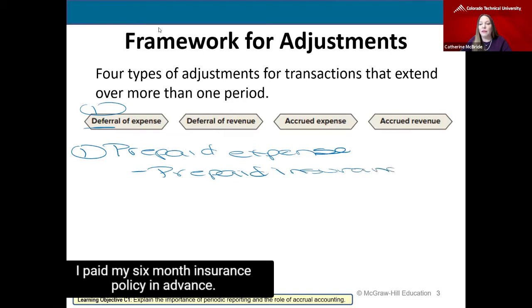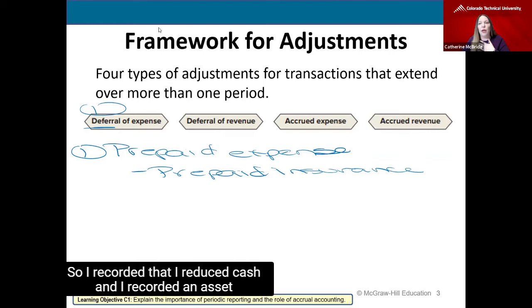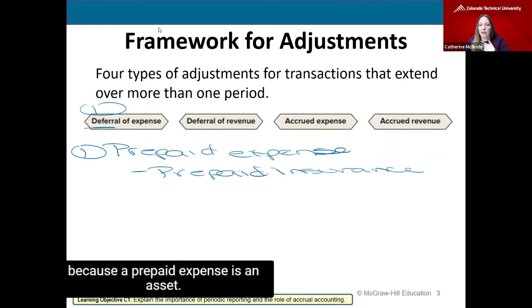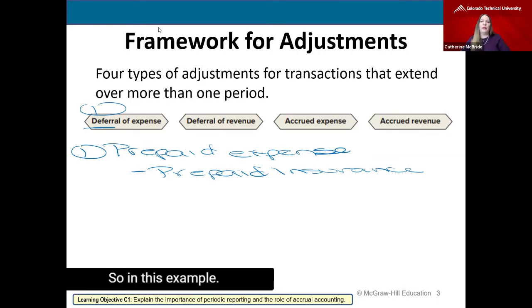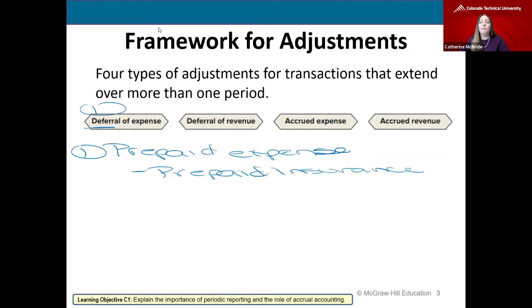I paid my 6-month insurance policy in advance. I don't have an expense right now. I did spend cash, so I've recorded that I've reduced cash, and I recorded an asset because a prepaid expense is an asset. But now my adjusting entry is going to be to record the expense that I've used. So in this example, now I would record insurance expense each month as I use it, and I would reduce my asset, my prepaid expense.